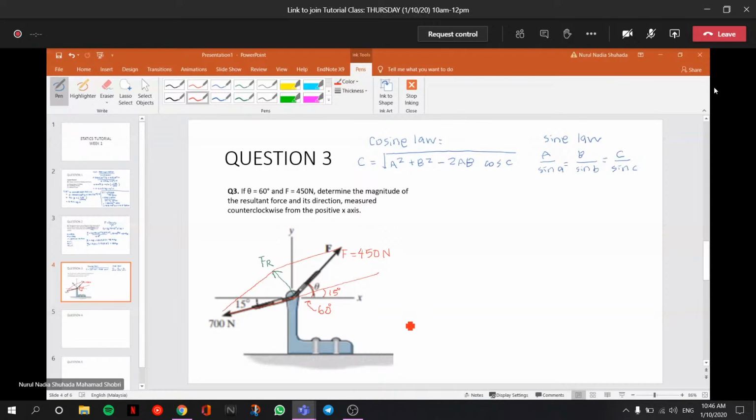Okay, so for question number 3, first we would like to find the resultant force. For the resultant force, we can use the cosine law: the square root of a squared plus b squared minus 2ab cos c.